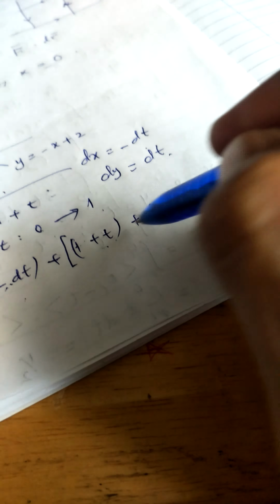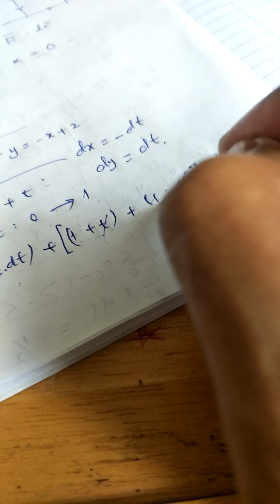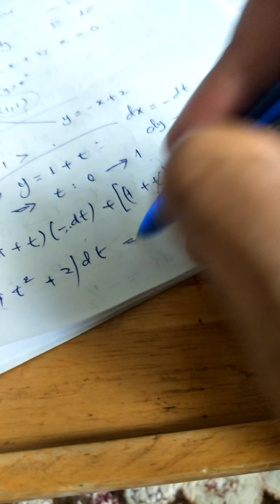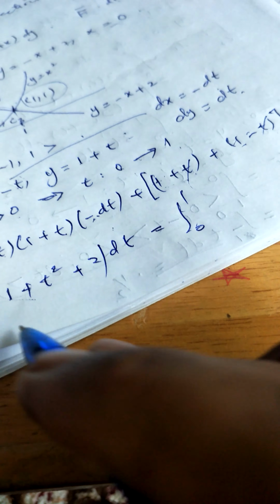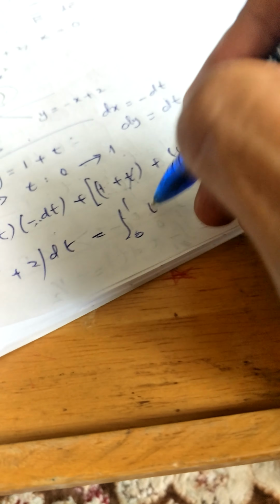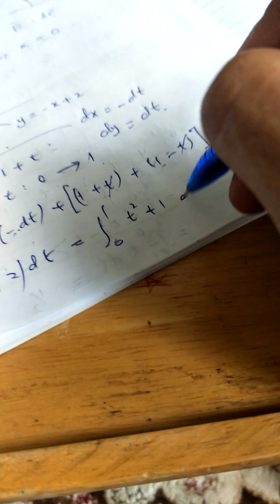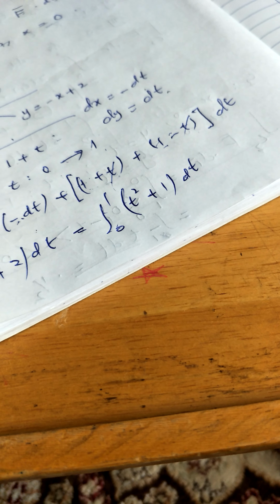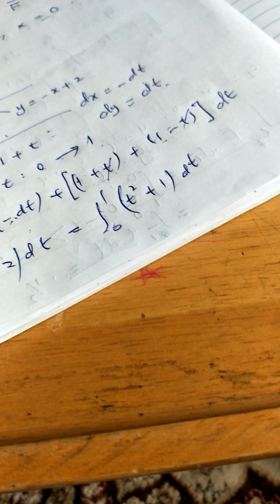So the t cancels out, plus 2. So we have plus 2 dt. Simplify further, we have t squared plus 1 dt. Okay, you should have no problem for this.